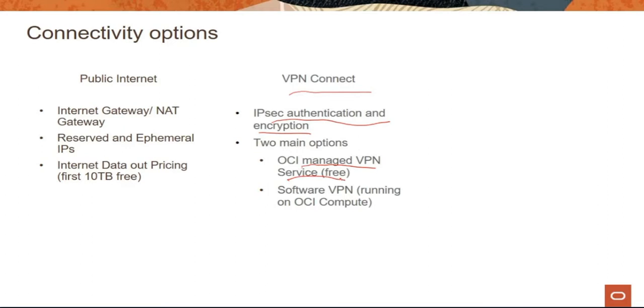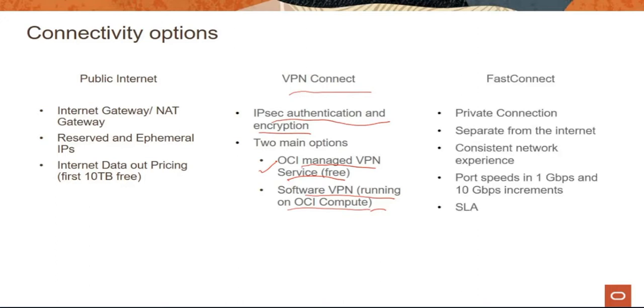So you really don't pay for anything except the underlying resources. And then the second option is you can run your own software VPN. If you have a Linux VM, you could install your own software like Libreswan and you could run it yourself. But remember, the first option here, the OCI managed VPN service, is offered for free. It's a standard VPN between two different sites. One site being your Oracle Cloud environment, other site being your on-premises environment.